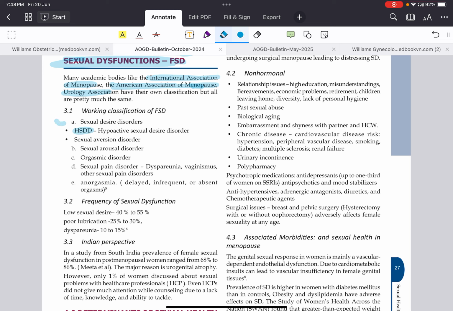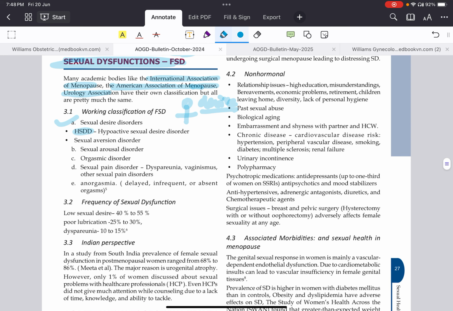For a woman to have good sex, she first needs to have a desire. So the first problem is a defect in desire, a sexual desire defect.